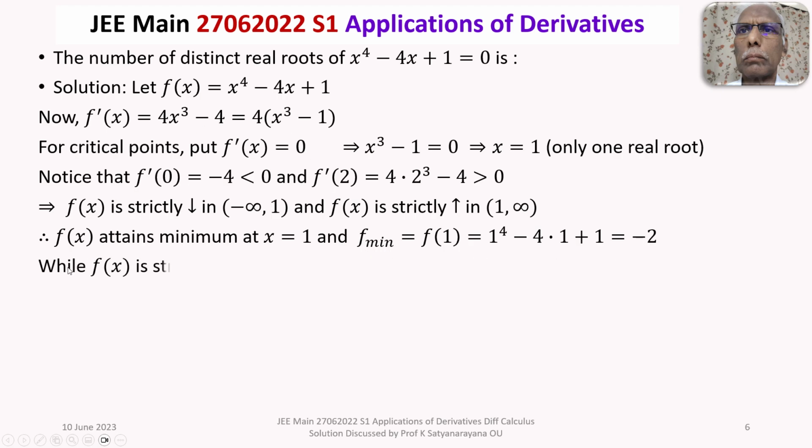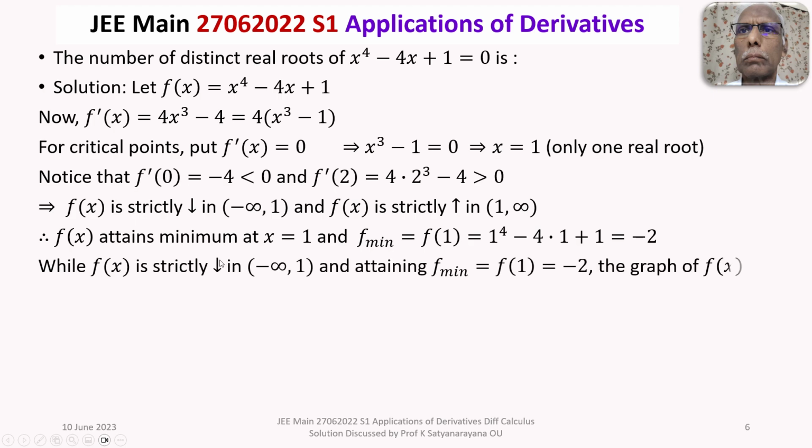So now, while f of x is strictly decreasing in minus infinity to 1 and attaining its minimum value f of 1, that is minus 2, the graph of f of x crosses the x-axis exactly once. Why exactly once?